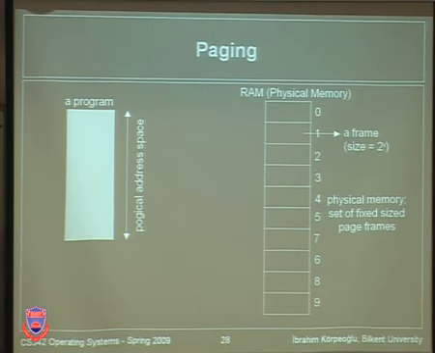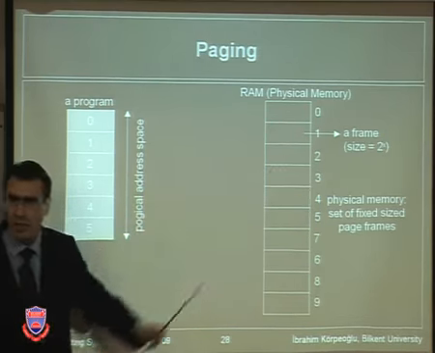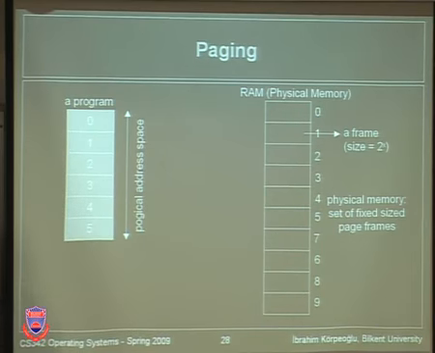Now that is also considered to be divided. The logical memory over which the program is operating is also considered to be divided into fixed-size blocks. They are called pages, and page size is equal to the frame size. Pages and page frames: a page frame is a container that can hold a content, which is a page.